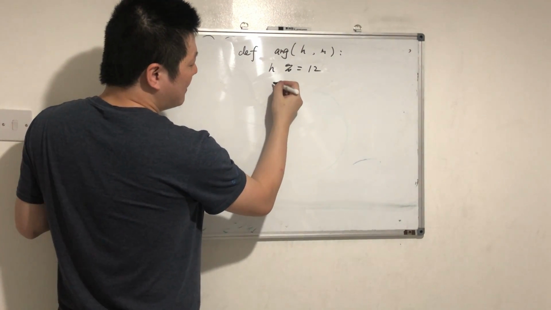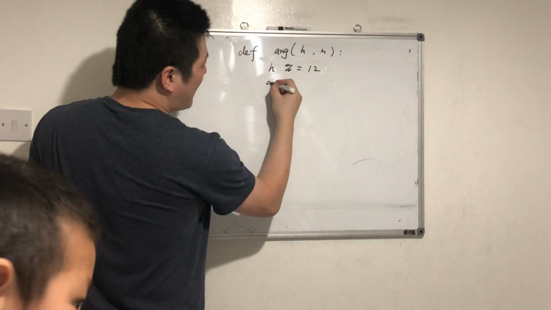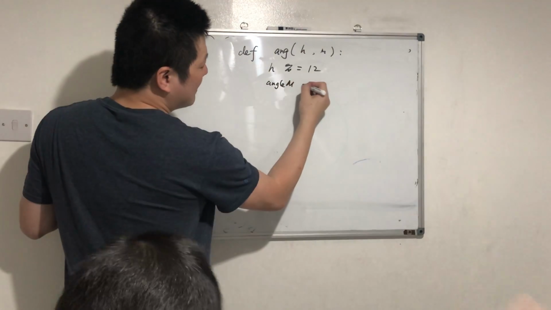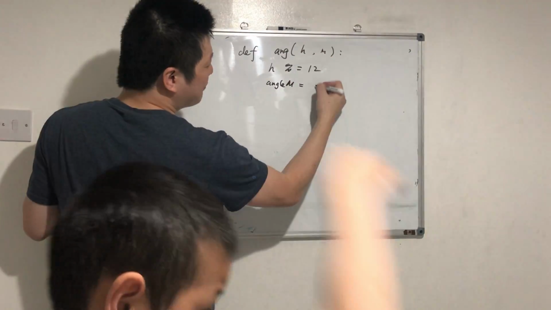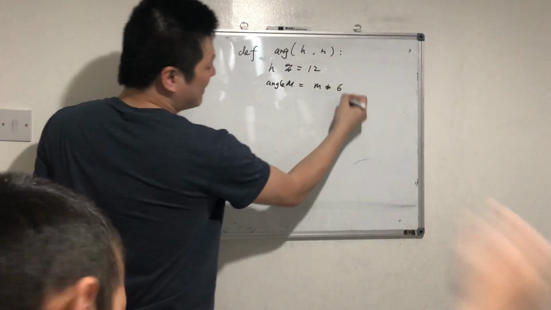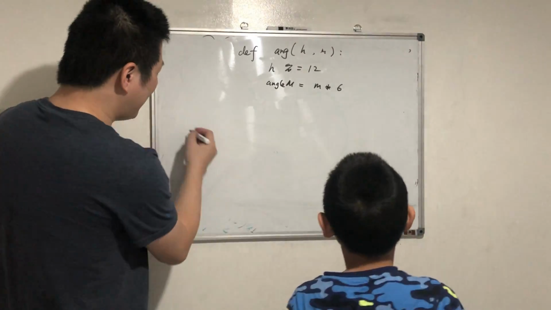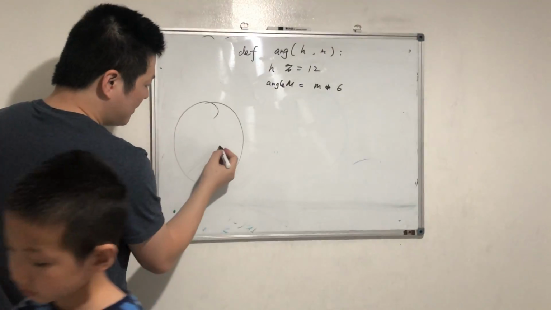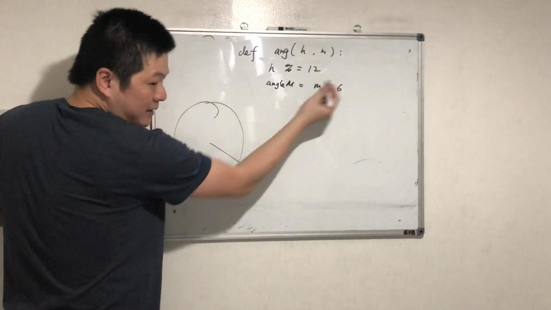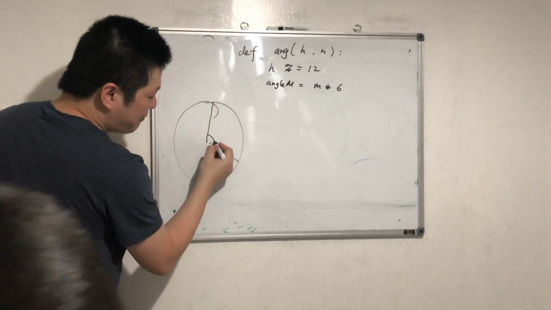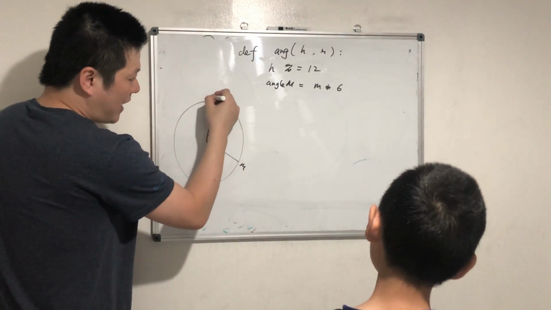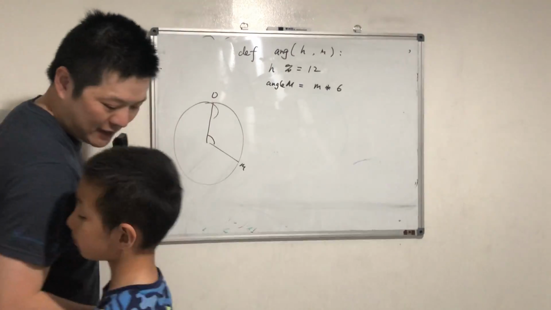Minute angle. Let's say angle minute equals minute times 6, right? 6 degrees. So this angle times 6 is the angle between minute and this 0. Does it make sense?